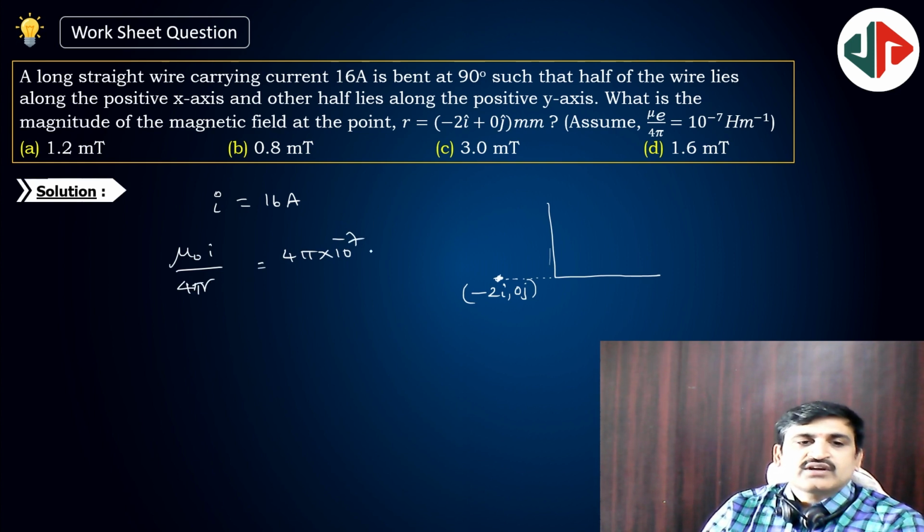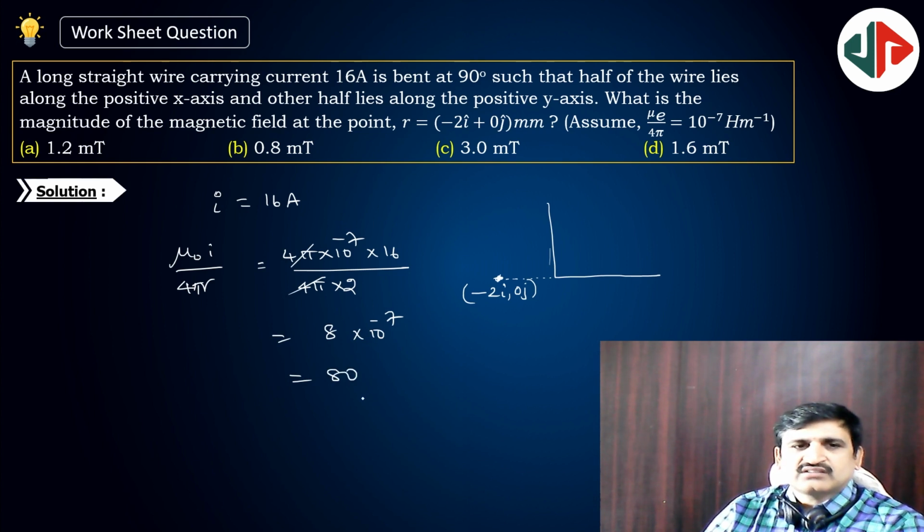I value 16, by 4 pi, r value is 2. So 4 pi gets cancelled. It will be 8 into 10 to the power of minus 7. The distance is in millimeter, into 10 power minus 3, I have to write, so plus 3 will come.